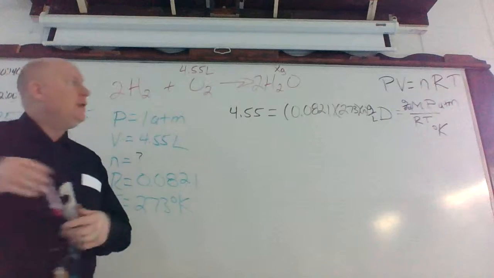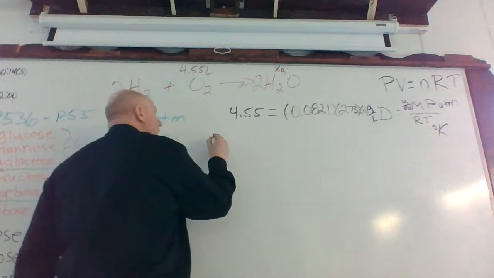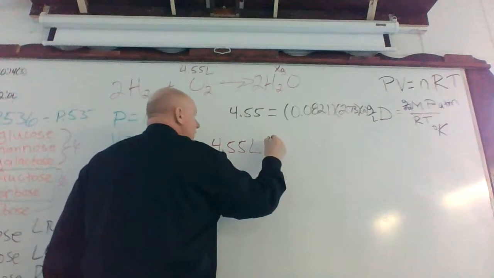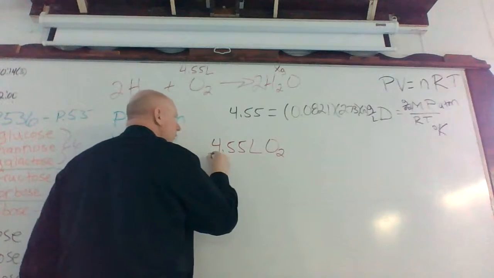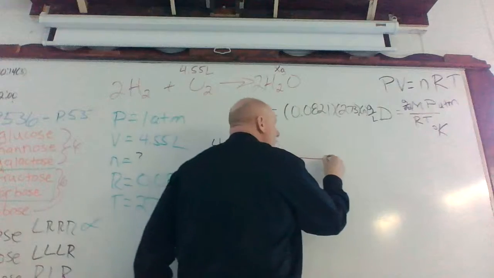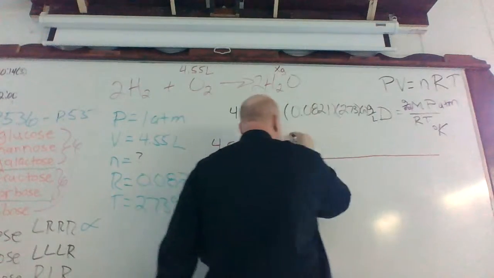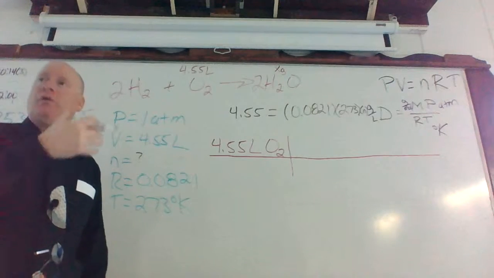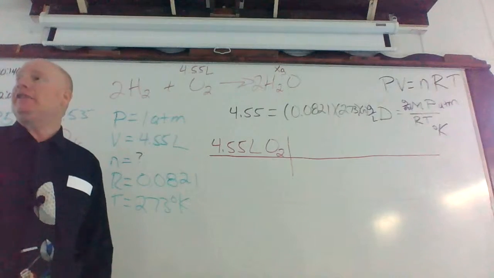So, if we've got 4.55 liters, okay, and that's of oxygen. So, how are we going to get that volume to a mass? How do you get rid of this liter and get it into moles, do you think? It's at STP, remember?